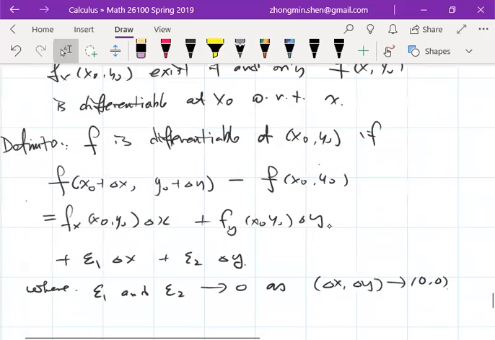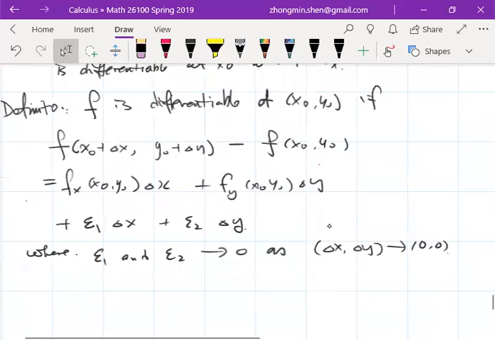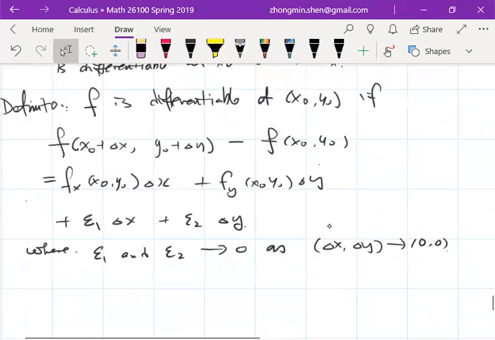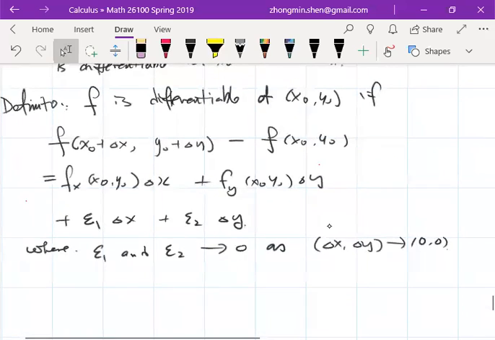Okay, so first of all, you have to have partial derivatives. So a function being differentiable implies the partial derivatives exist at that point, but conversely it is not necessarily true. Okay, so this is similar to the differentiability of a function in one variable at a particular point.